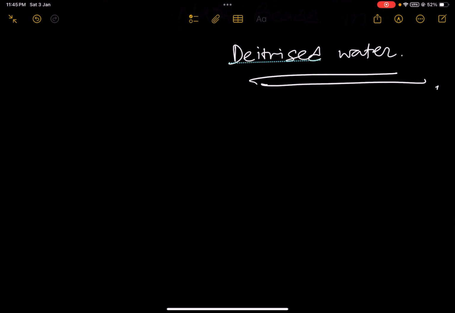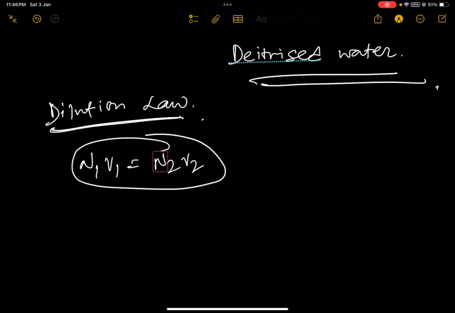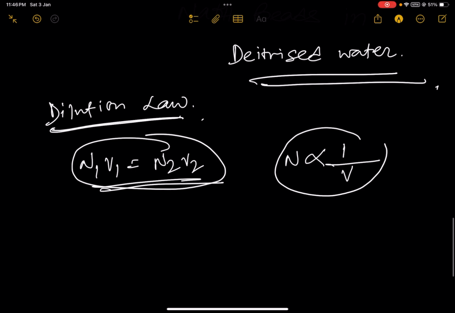Now we'll move to the next topic, that is dilution law. Okay, there is a formula you have to remember for dilution law, that is N1V1 equals N2V2. From this equation we understand that normality is inversely proportional to volume of the solution.